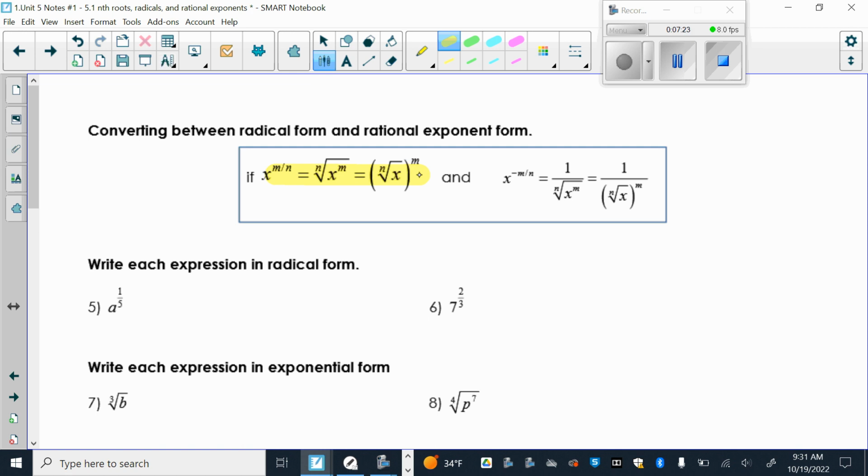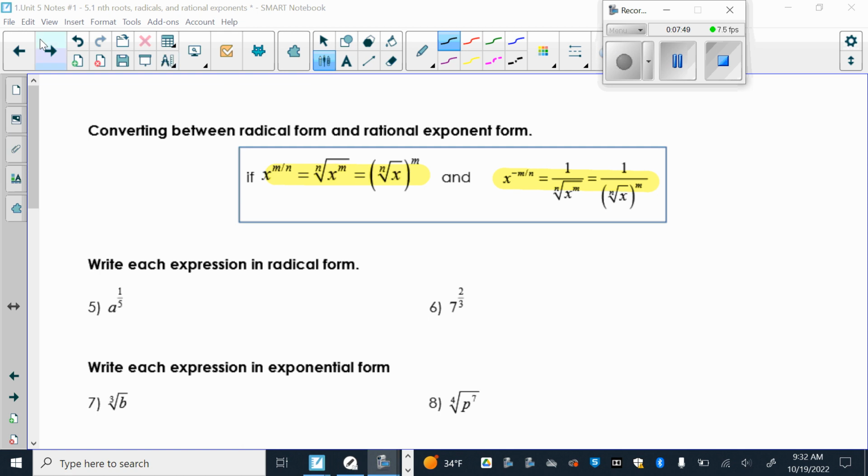And as we saw in our Unit 4 group challenge, negative exponents just mean you need to reciprocate the value. So if I have x to the negative m over n, that just means 1 over the nth root of x to the m, or 1 over the nth root of x all to the mth power. So let's practice just switching between forms.